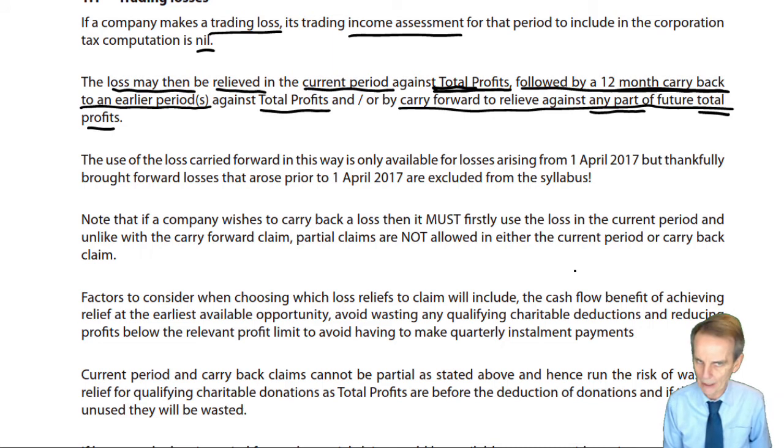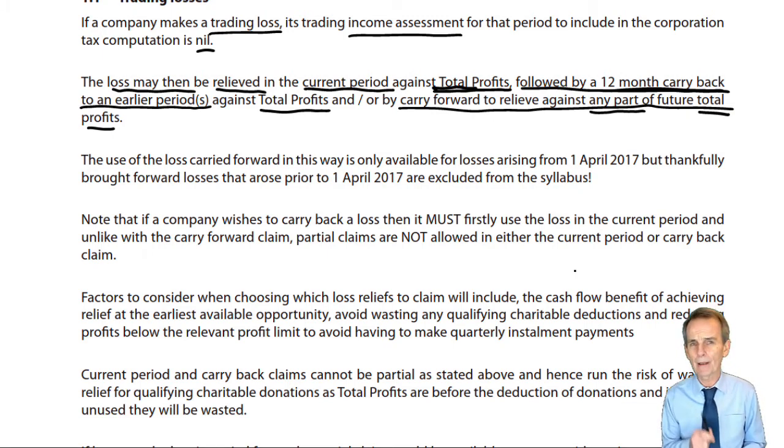It begs a question about, well, why would you choose to use less loss than you are able to use? That's when you've got to recall the structure of that corporate tax computation and know what total profits is. Total profits is not taxable total profits necessarily. There may be qualifying charitable donations.